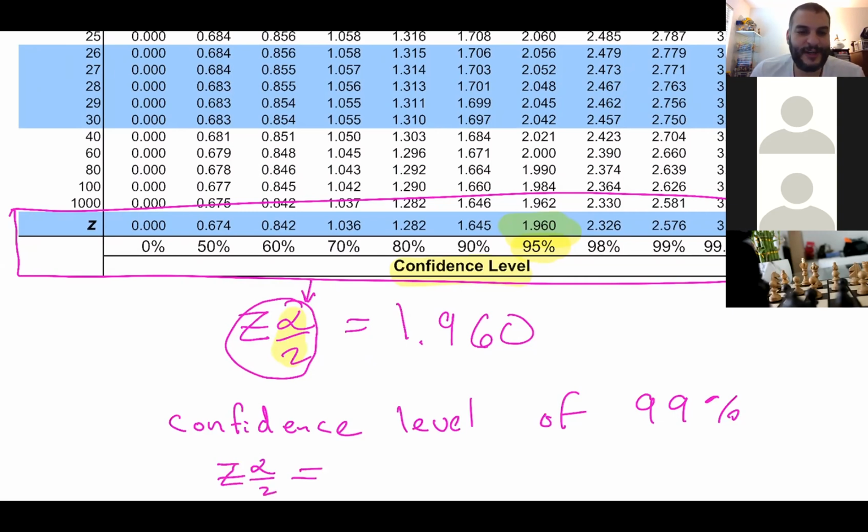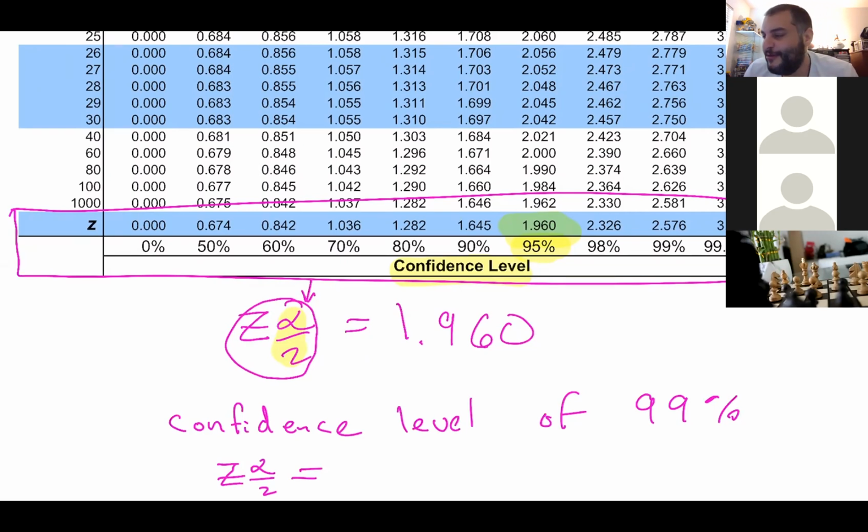If you want, you can put it in the chat. What would be the Z value for this one if we want a 99% confidence level? Yeah, good. Thank you, Karen.